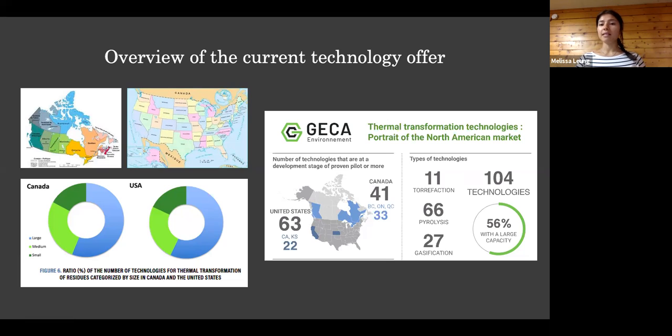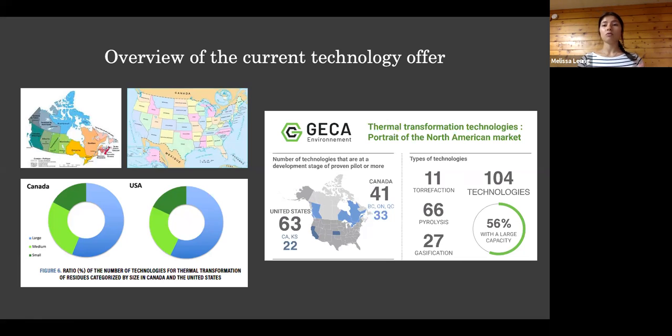What we've seen is that the majority of them are in the pyrolysis sphere, as you can see on the right here. And the majority of them are also made for large capacity. When I say large capacity, it's to process over 10,000 metric tons of waste or feedstock per year.